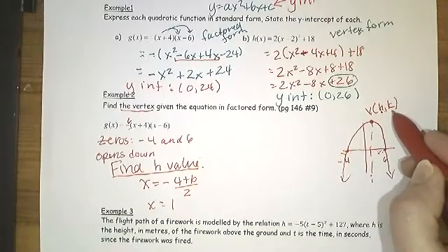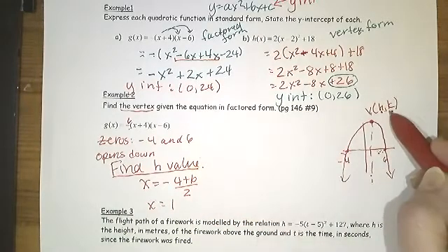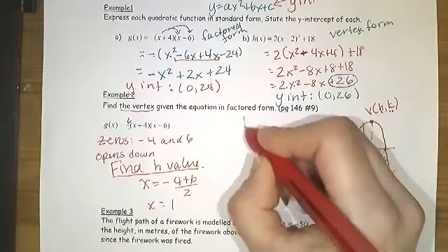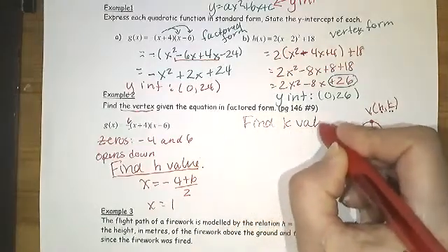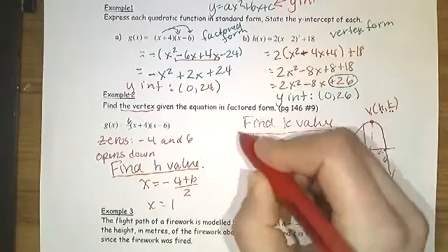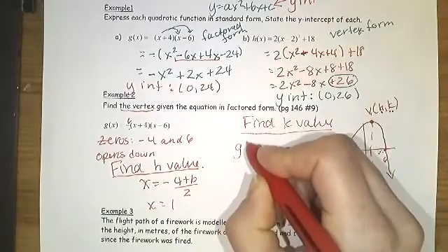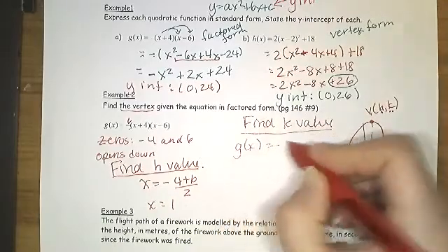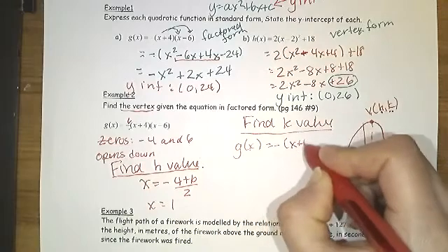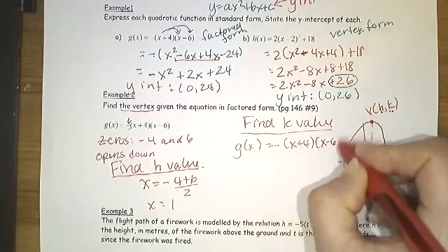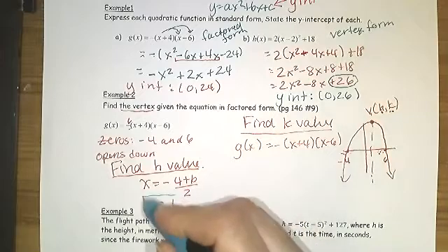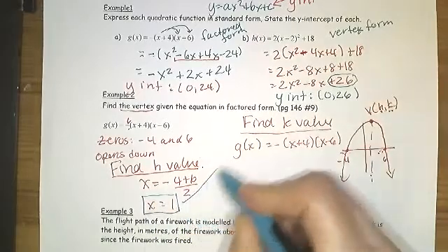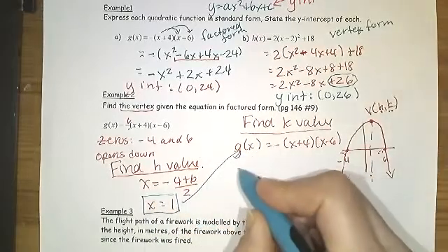Now we have to find the k value if we want to find the vertex. In order to find the k value, we just need to take the original equation and substitute in our x value. So we'll take this value and substitute it into this equation.